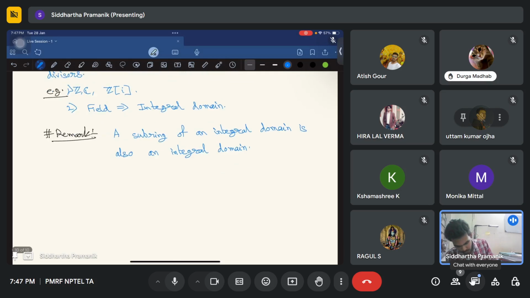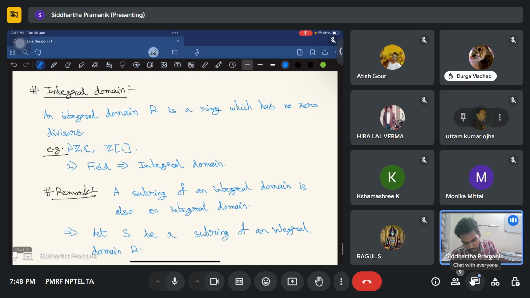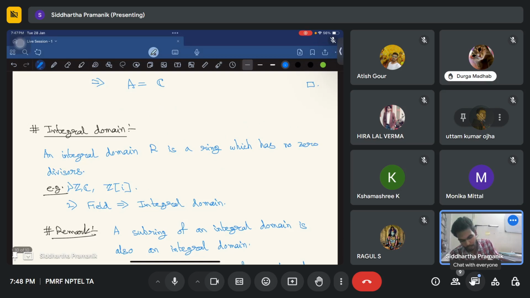So let me do this proof quickly. Let S be a subring of an integral domain R. So in an integral domain, the actual fact is it has no zero divisors, right?